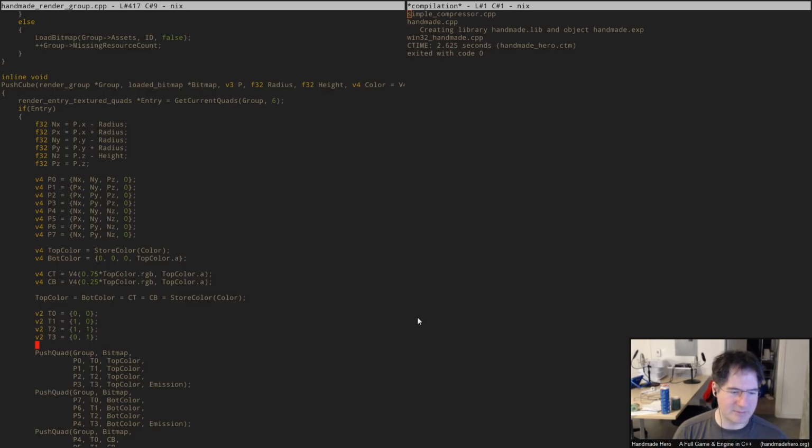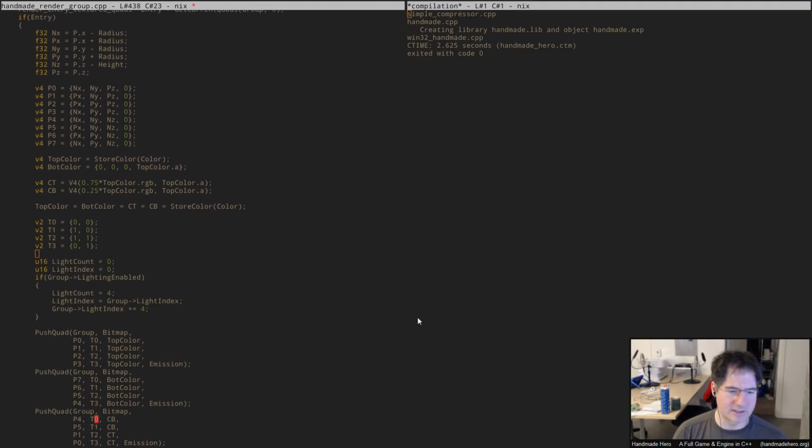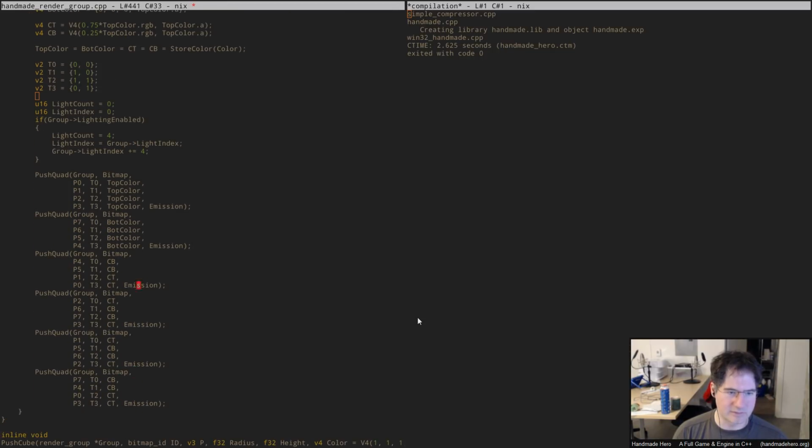So we should be able to emulate the same thing we were emulating before here by saying, okay, if the lighting is enabled or not, then we're going to go ahead and assign a light count to these things. Now we've got to draw all 6 faces of the cube.